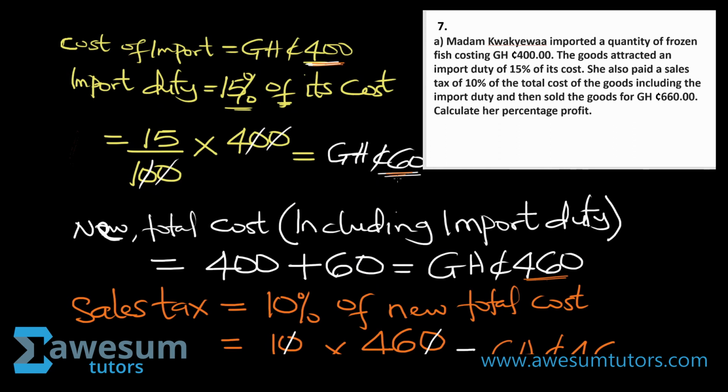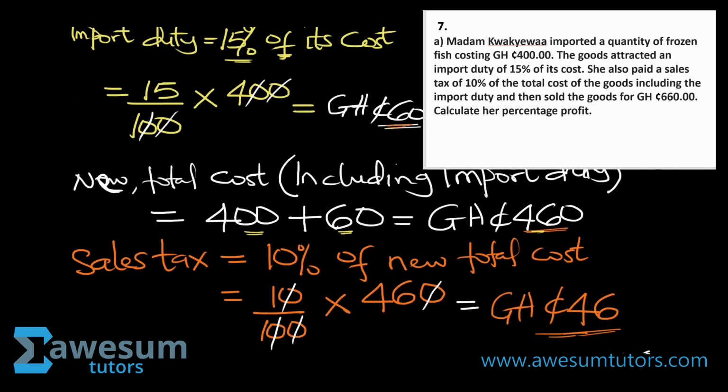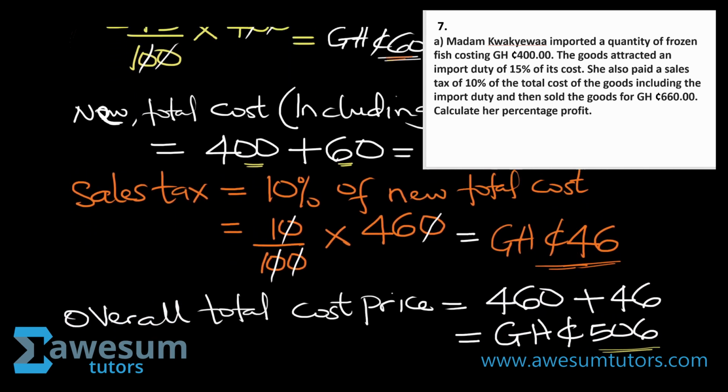And then we got the import duty to be 60. Thereafter, we were told that she paid a sales tax of 10% of the total cost of the goods, including the import duty. So that means the $400 that she spent before, with the import duty, gives you a new total cost, which is what you are going to base the sales price on.